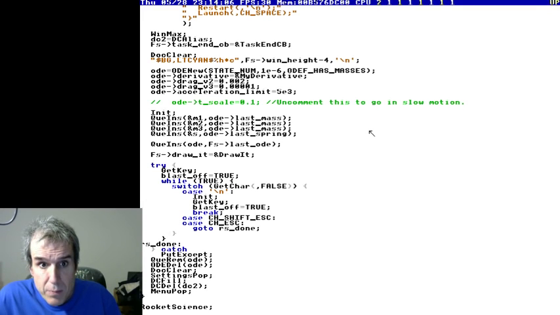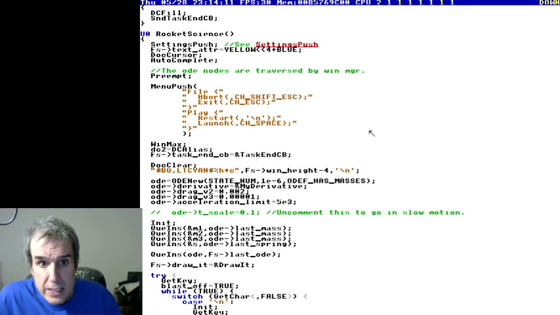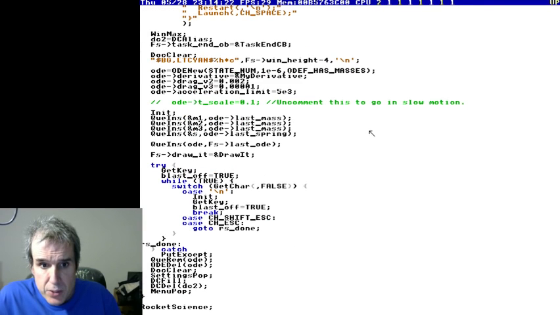So we have to be sure not to get interrupted. And that's why we have this preempt. We're turning off preemption. It gets turned back on because we saved the state in the settings push. And so since we can't get preempted, we don't burn CPU time because we're waiting for characters, and that swaps us out.